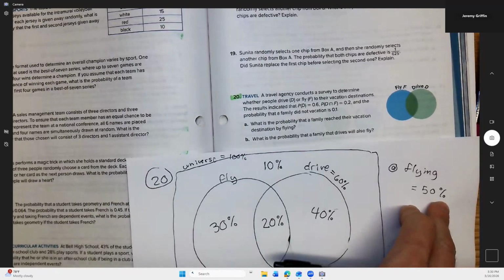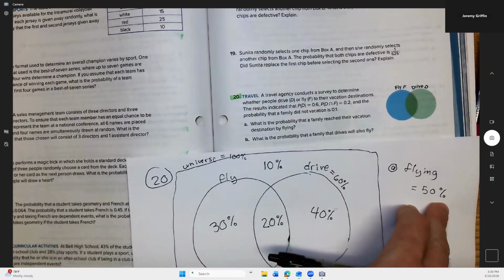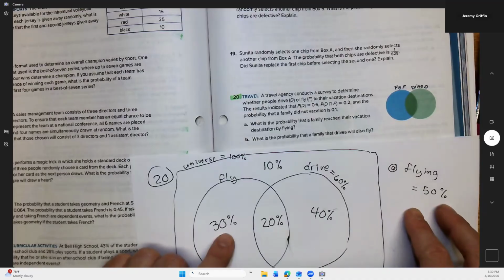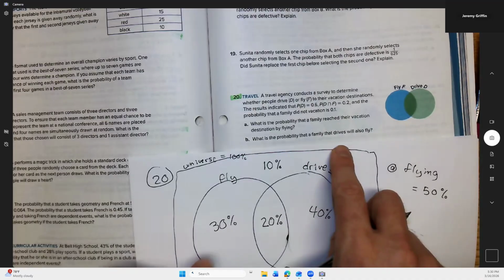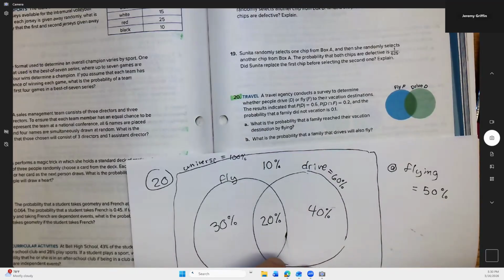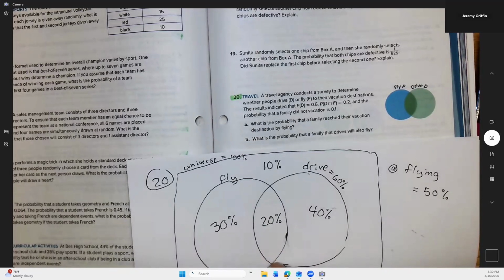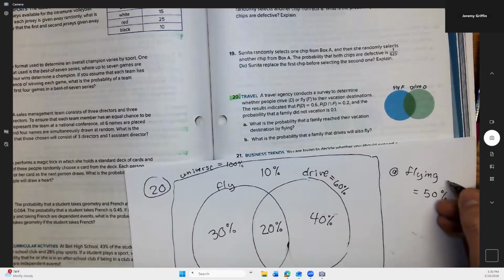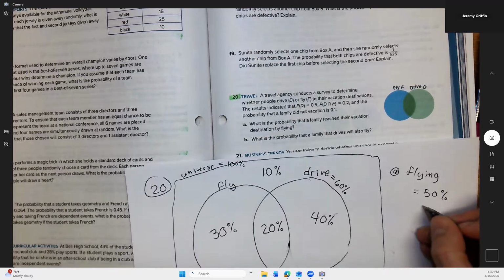That's 20A. Let's flip the page here. Destination by flying. Okay. They're saying 30%. So somehow I'm interpreting the question differently.